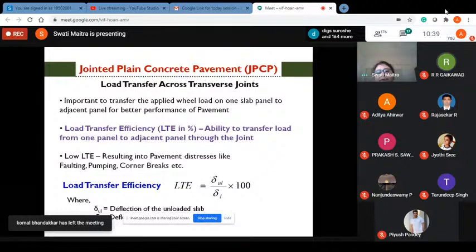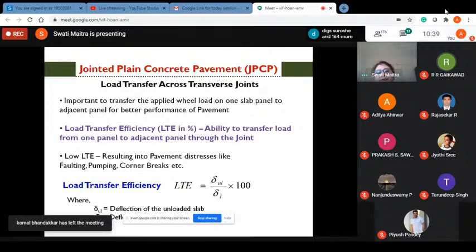But when we use the daytime temperature effect, it should be a negative effect when we consider the positive temperature gradient. But for design purposes, to make it safe, we are not deducting this effect. But when we consider the negative temperature gradient, we add this zero stress temperature gradient.